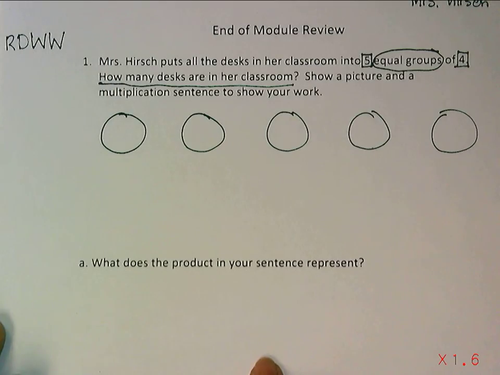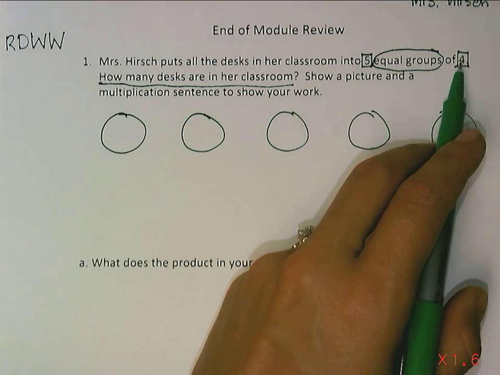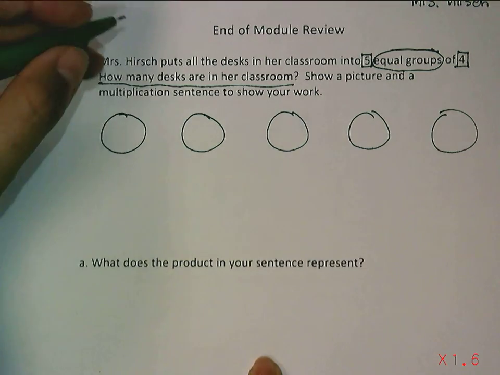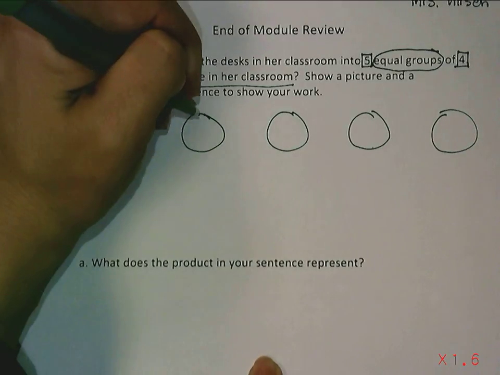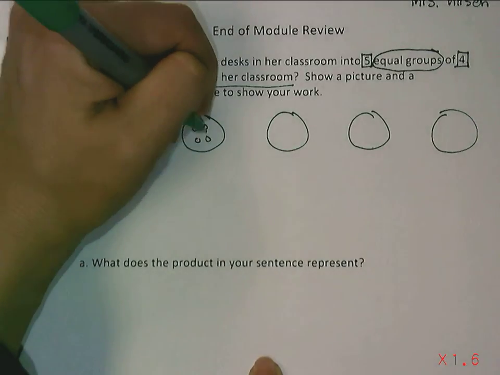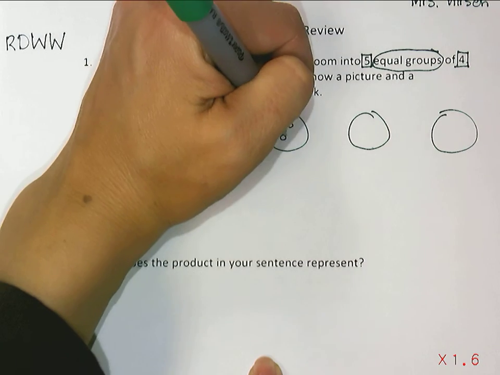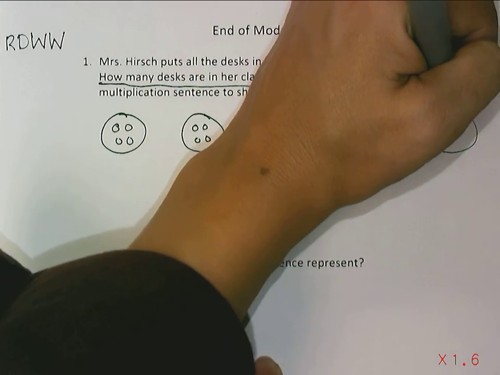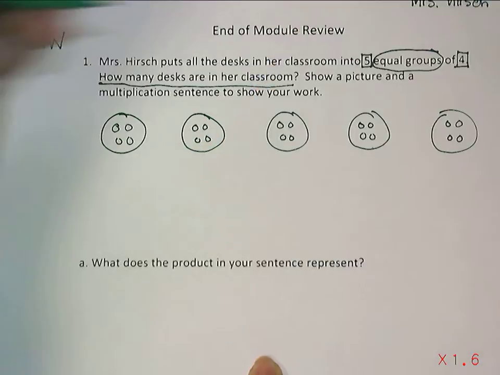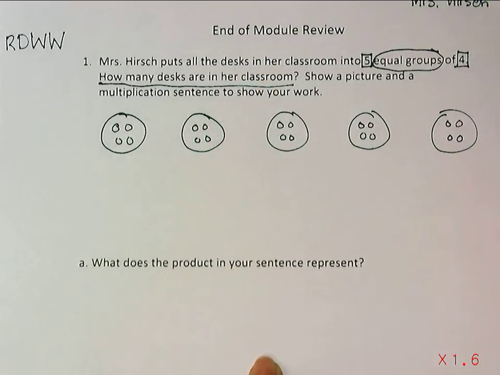Here's my 5 circles, and I have to remember that there's going to be 4 in each of my equal groups. So inside each circle, I'll do another circle. 1, 2, 3, 4. Here's my 5 equal groups of 4.